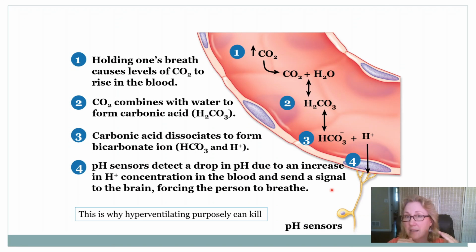And this is the unfortunate cause of many accidents every year where experienced swimmers drown because they hyperventilate, they artificially lower their CO2, their oxygen is still the same, and then while they're holding their breath, oxygen goes down. They lose consciousness, but their CO2 level has not increased enough yet to trigger the urge to breathe.